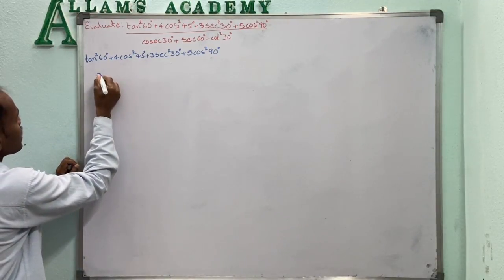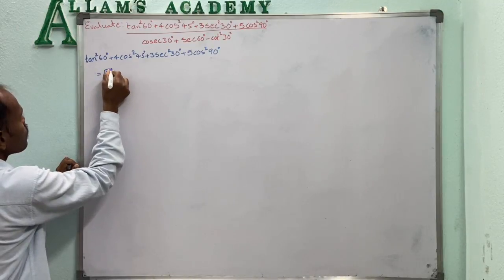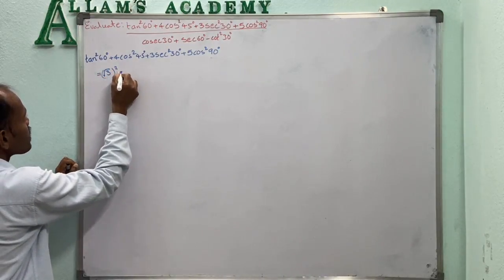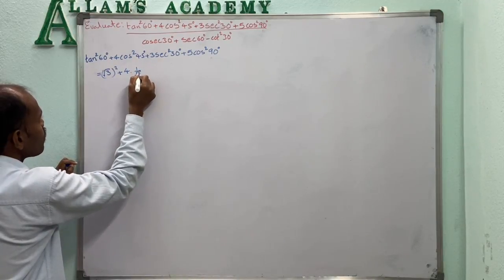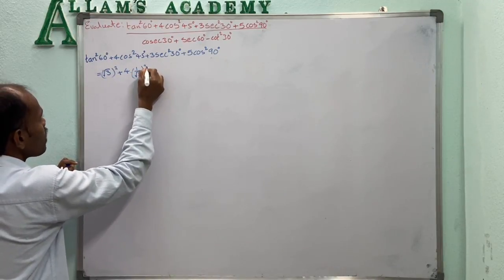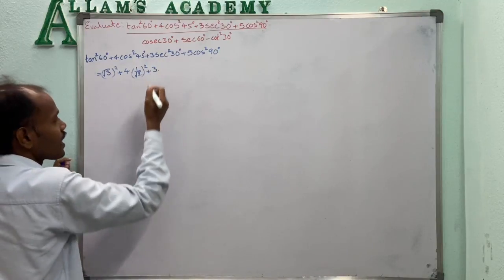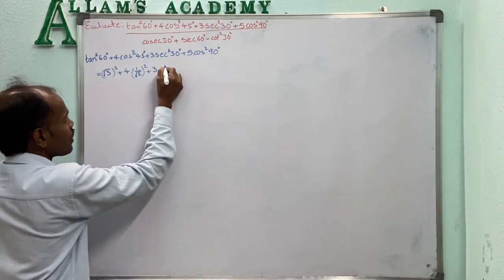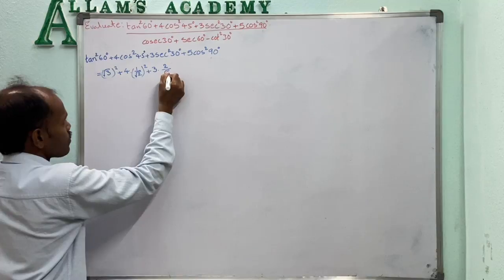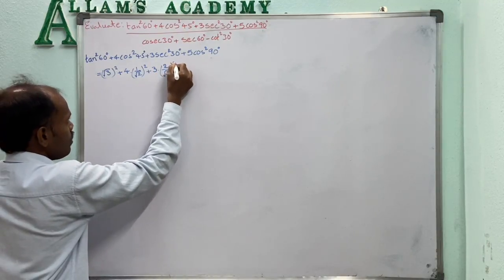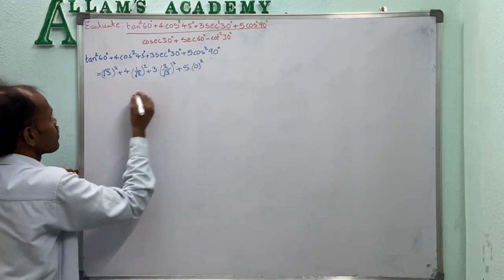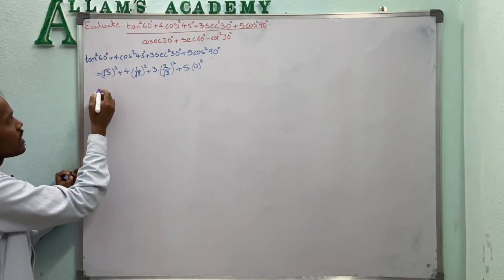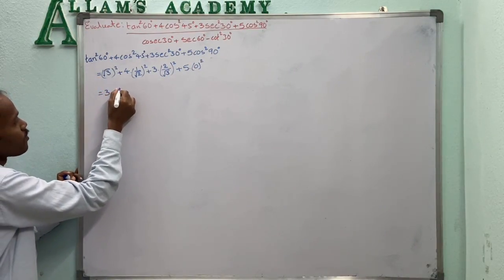Tan 60 degrees equals root 3. So root 3 whole square plus 4 into cos 45, which equals 1 by root 2, whole square, plus 3 into sec 30, which equals 2 by root 3, whole square, plus 5 into cos 90, which equals 0, square. Root 3 square is nothing but 3.